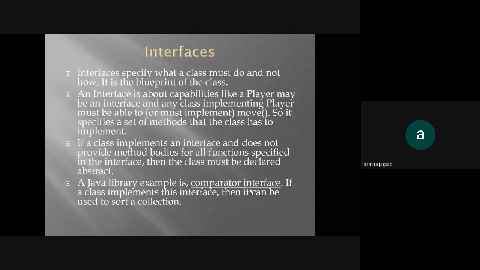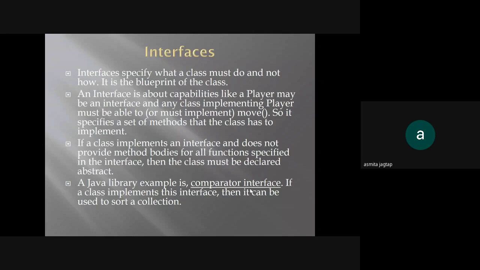Whatever class you write and implement that interface in, inside that class you implement those methods. If a class implements the interface and does not provide the method bodies for all the functions specified in the interface, then the class must be declared as an abstract class.